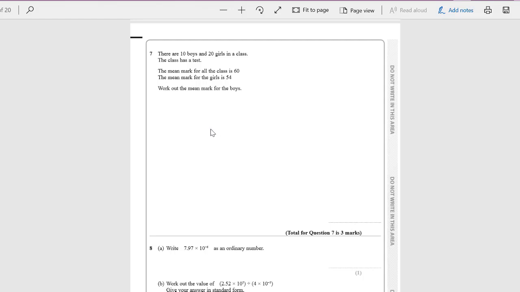Right, so we know that there's 30 pupils, and we are told that the mean mark for the entire class is 60. So that means we multiply 30 by 60 to give us 1,800. We know that the mean mark for the girls is 54.